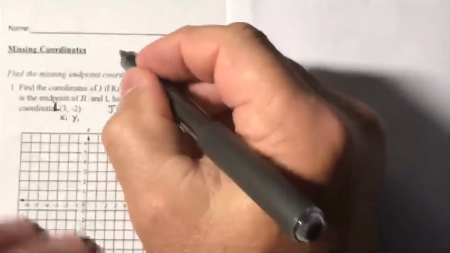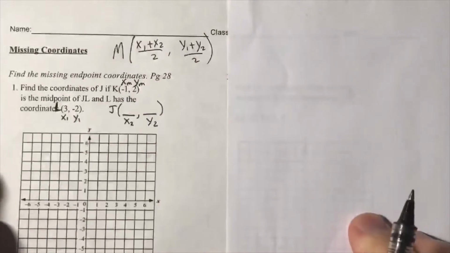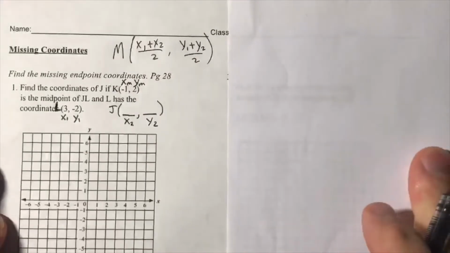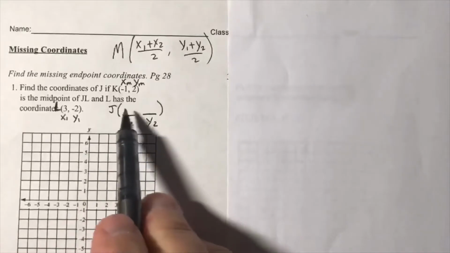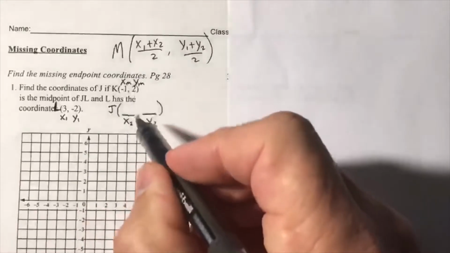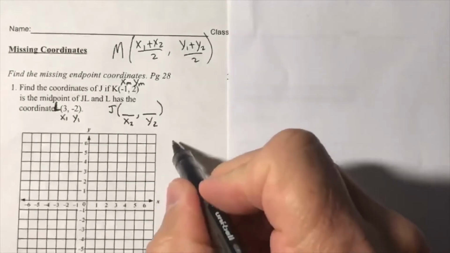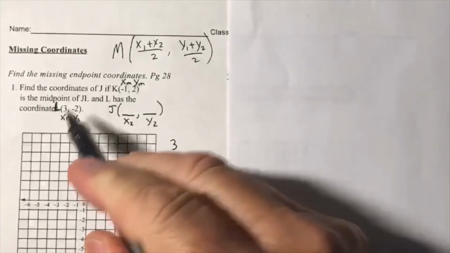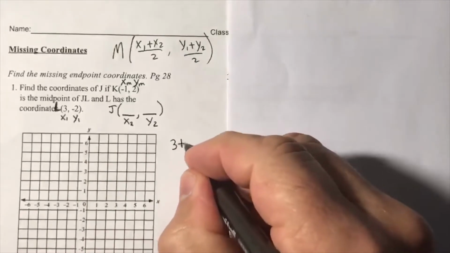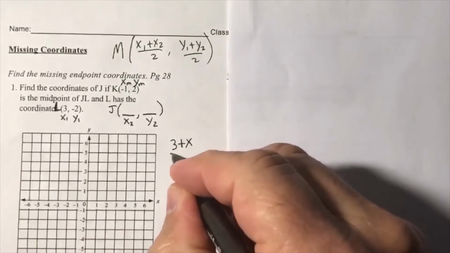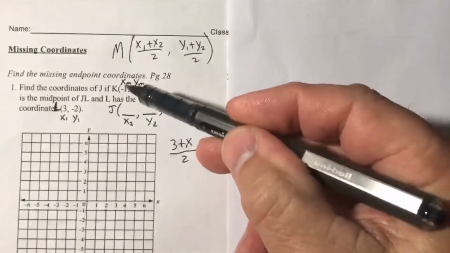Go ahead and write down capital M. Alright, we're going to use that. Take the X1, 3, and I am going to put an X in this spot. So 3 is my X1 plus X2 is blank, so I'm going to put plus X here, divide by 2, and set that equal to that midpoint.